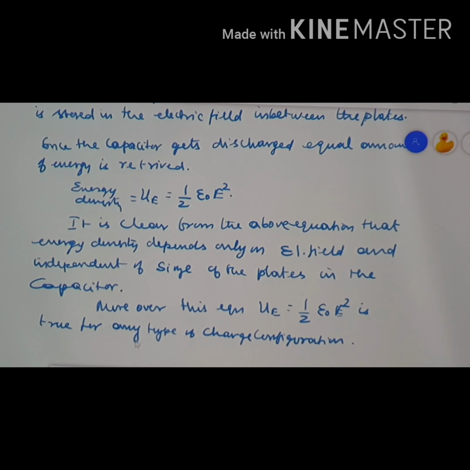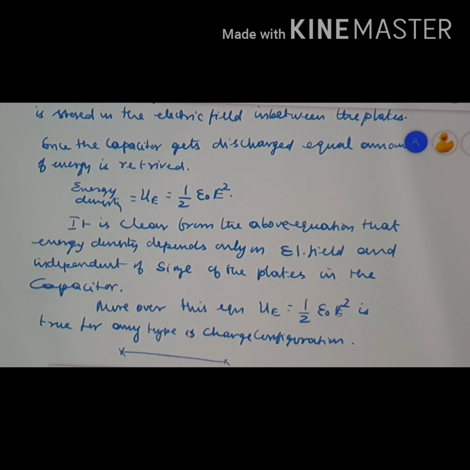I think we are clear about this idea. This we are calling the energy stored in a capacitor. By studying the energy stored in a capacitor, we can state that the energy is stored in the electric field existing in between the two plates of the parallel plate capacitor.